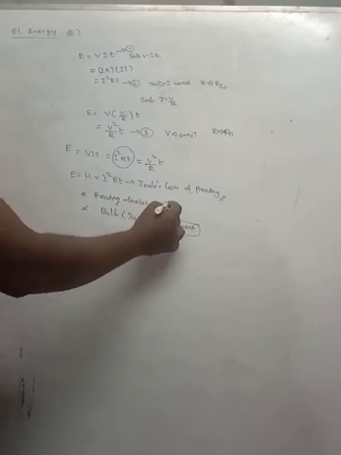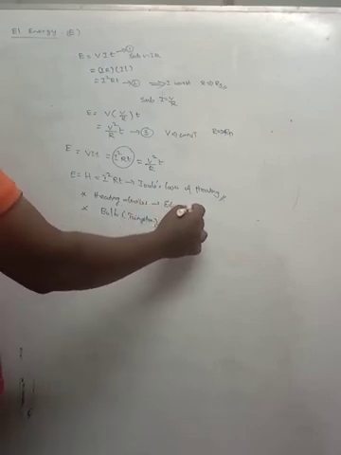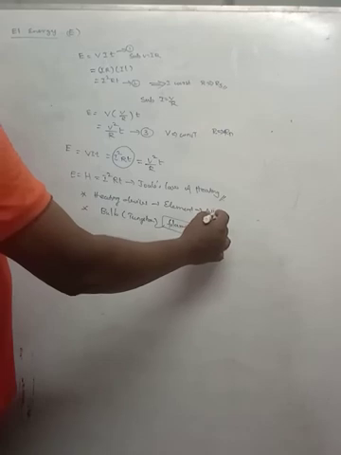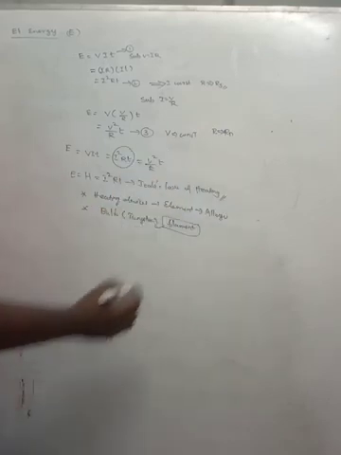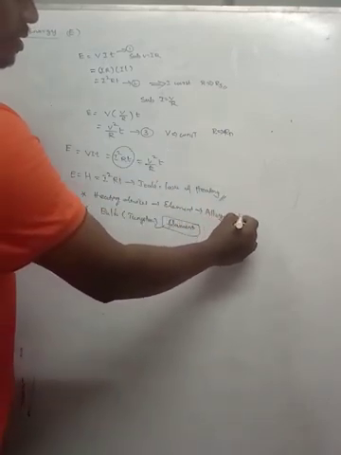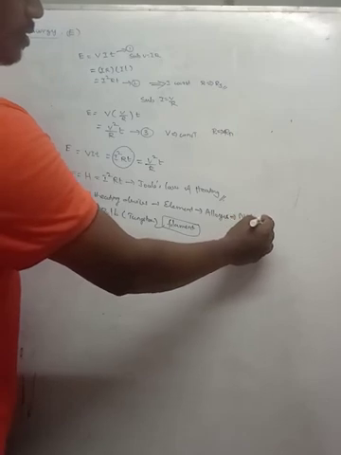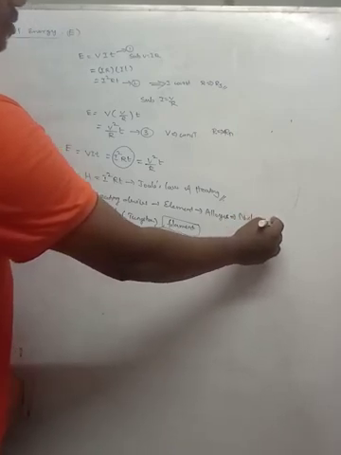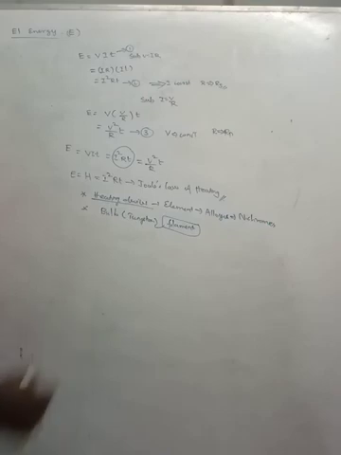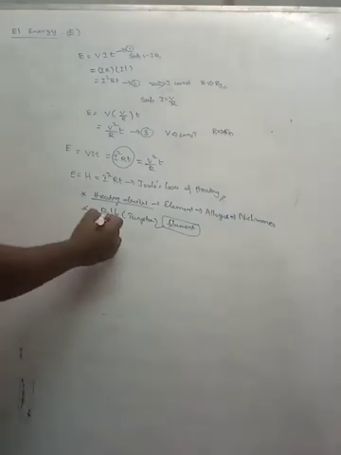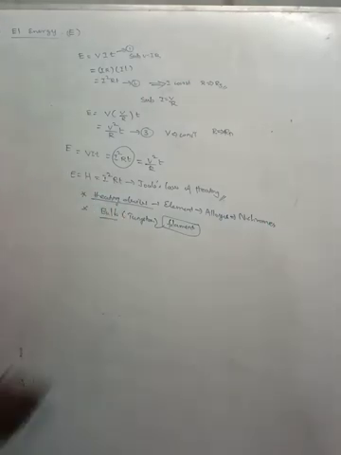In the heating devices we will be using an element. The element is made by alloys. Don't forget, the element is made by alloys like nichrome. Nichrome is an alloy which is used in heating devices. Here we are using a bulb, there we will be using tungsten as a filament.